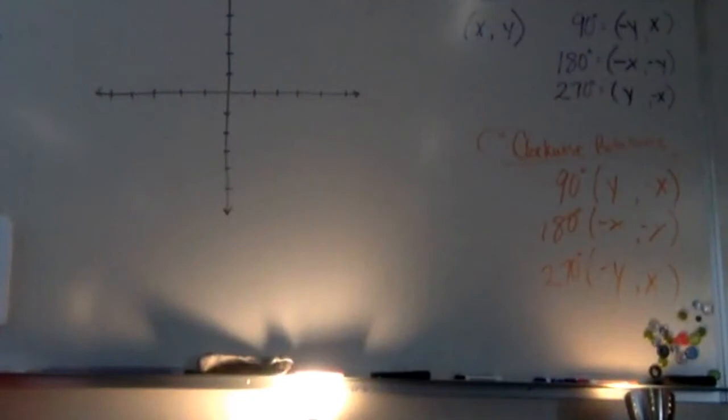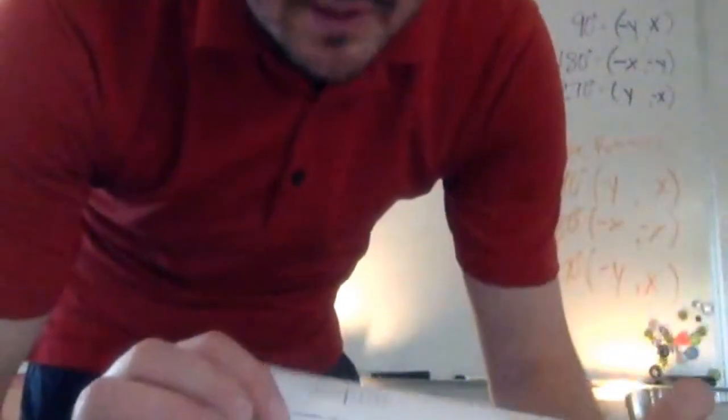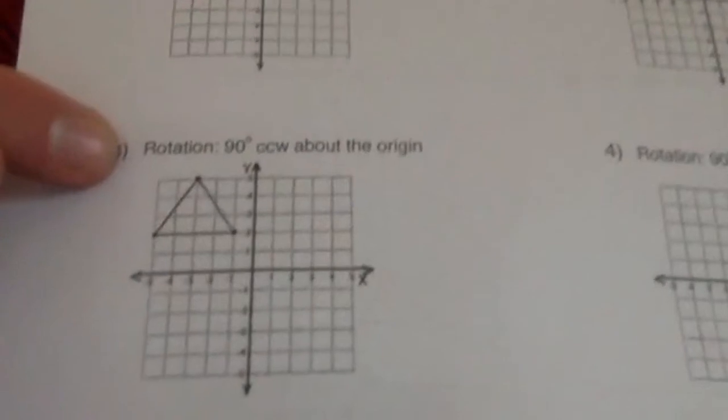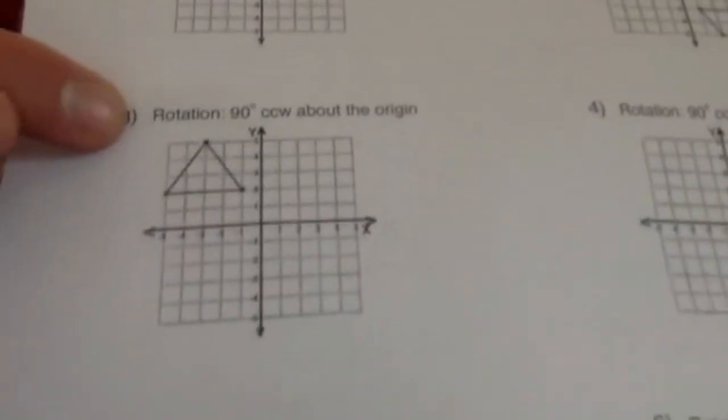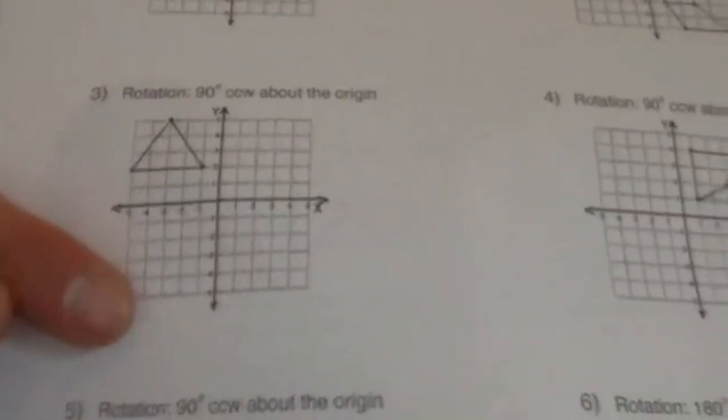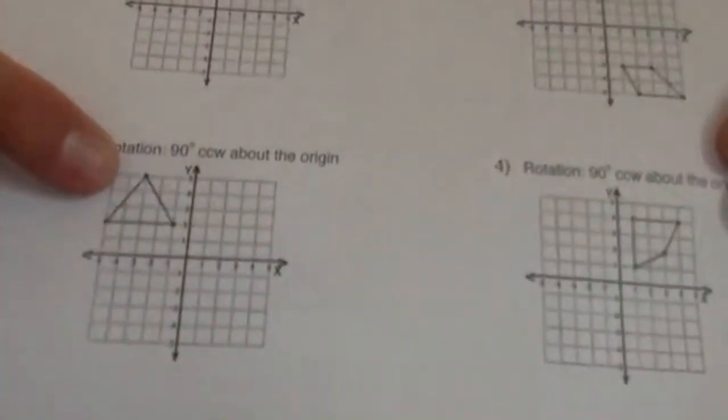So I want to look at number three on our sheet here. And it says that we have a rotation of 90 degrees counterclockwise about the origin. So what I want to do first is make sure that we record all of the coordinates of each of these points from the shape on our graph.